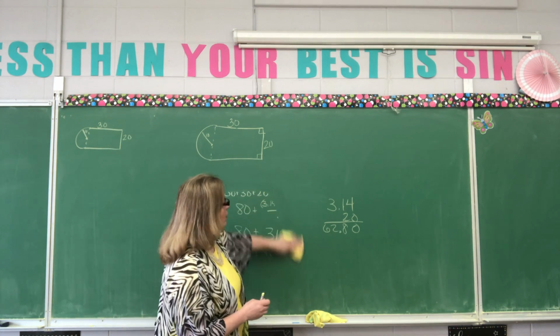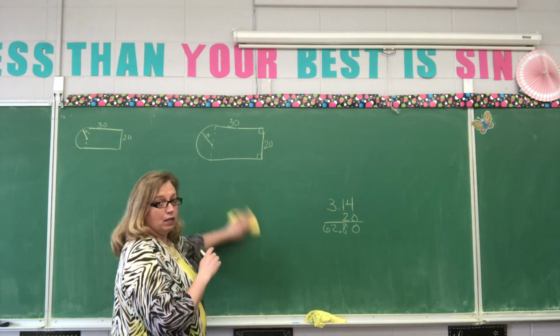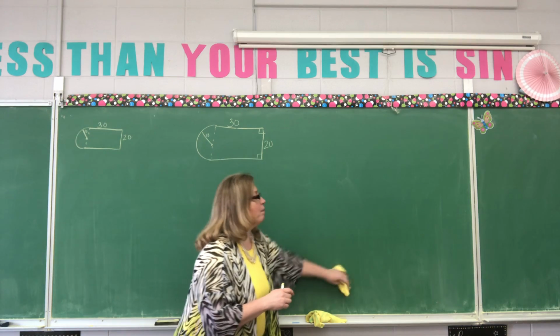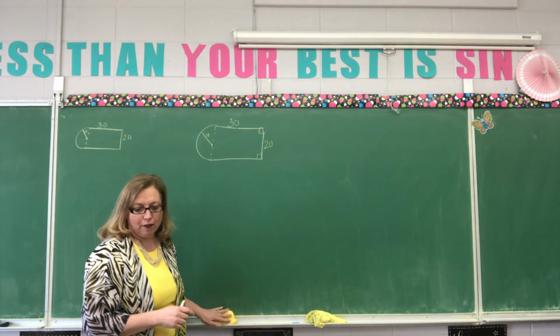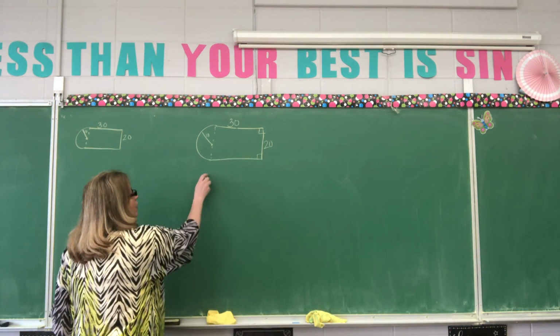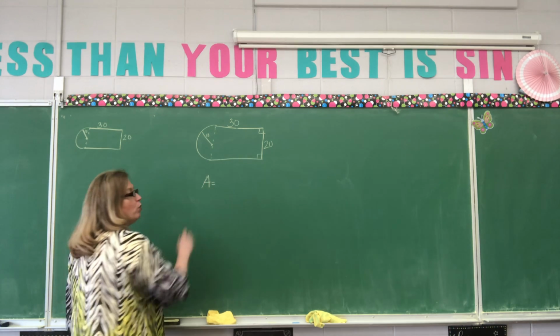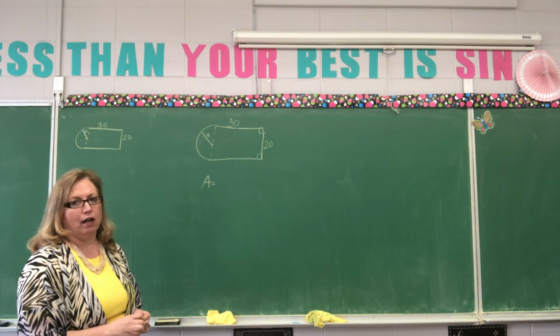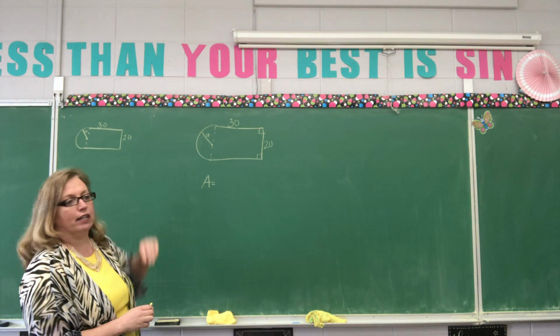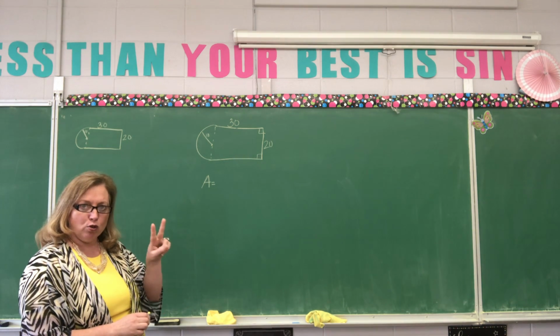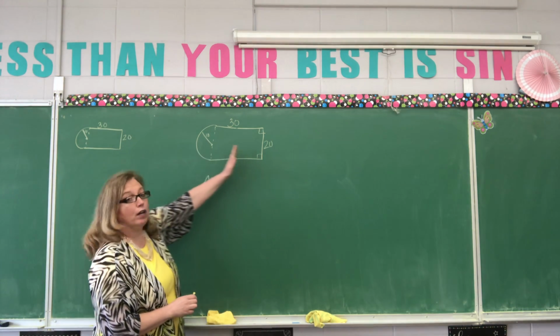Now, the next thing we want to do with the same diagram, I want you to find the area. In order to find the total area, I have to break this down into shapes. And I have 2 shapes. First, I'm going to have the rectangle.